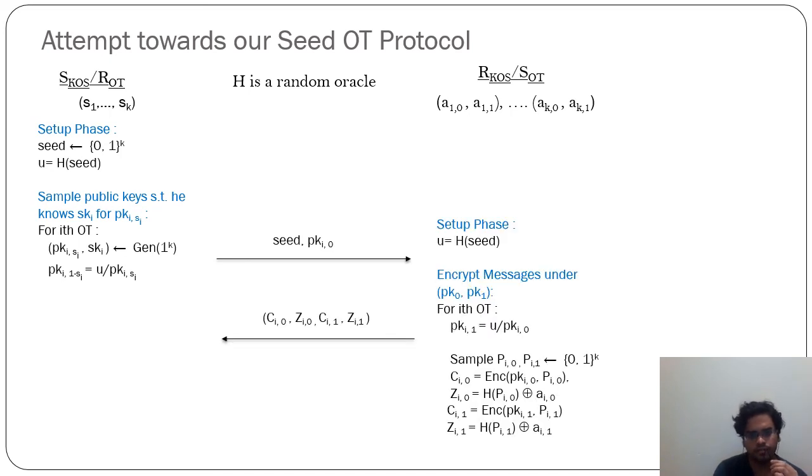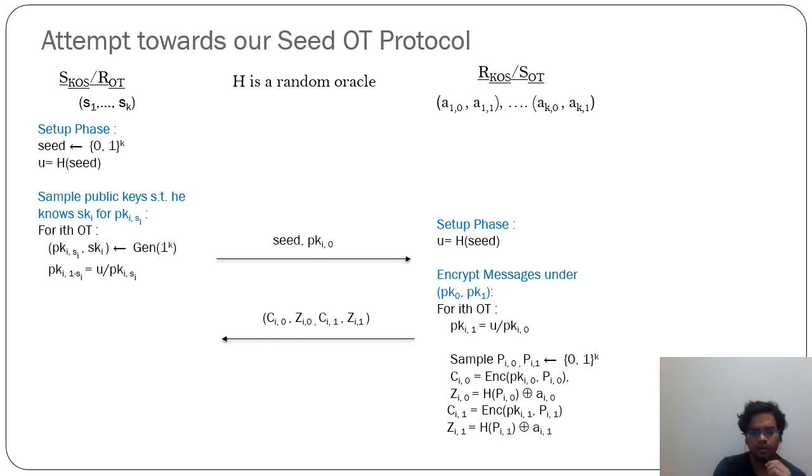Then the other party computes U. He computes PKi,1 from U and PKi,0. Then the sender of the OT protocol samples 2 random pads, Pi,0 and Pi,1. Then he encrypts those random pads under the PKi,0 and PKi,1 values. Then he encrypts his messages Ai,0 and Ai,1 by invoking the random oracle on those random pads.